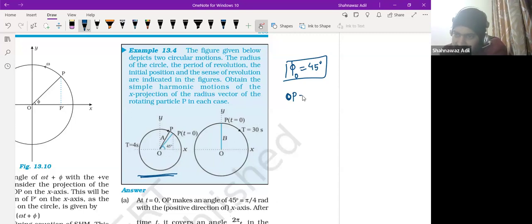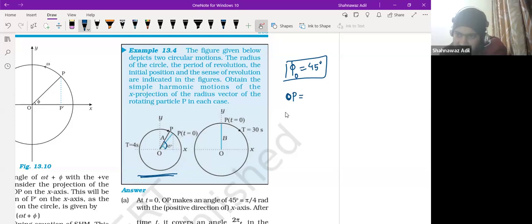This OP has some angle omega t. And can you tell me what would be the projection of this thing on the x-axis? What would be the projection?